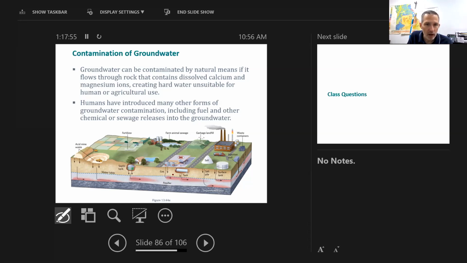I have a couple of friends that went into groundwater management, and they made a living dealing with leaky underground storage tanks, or LUSTs.